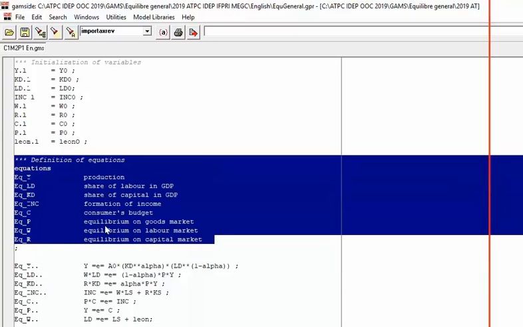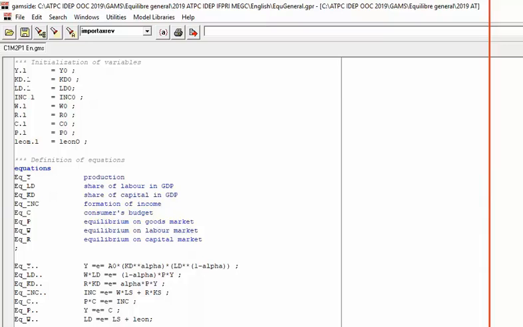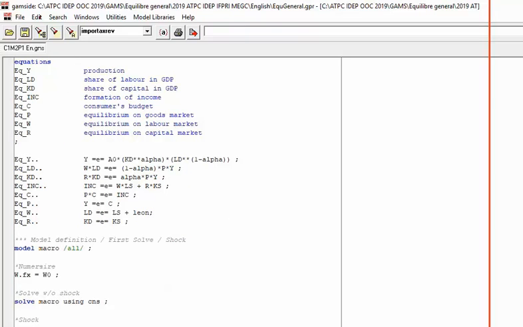Don't forget a comment. You see that the notation of equations is eq underscore y, so it's a specific variable. It is the name of the variable which is determined by this equation. Of course, it can be misleading because in fact, when you solve the model, all variables will be determined simultaneously.